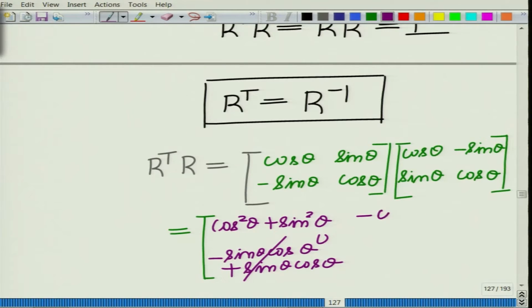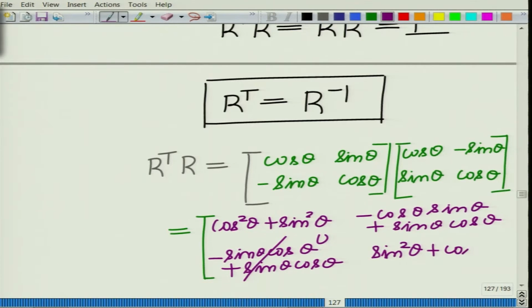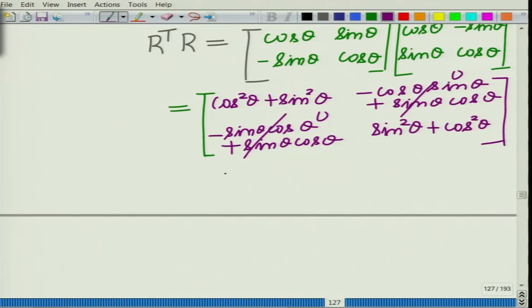This is again minus cos theta sin theta plus sin theta cos theta, and finally the last 2 cross 2 element is sin square theta plus cos square theta, which is 1. It is not difficult to see this reduces to the 2 cross 2 identity matrix, 1 0 0 1. So, this is the interesting property of the rotation matrix.